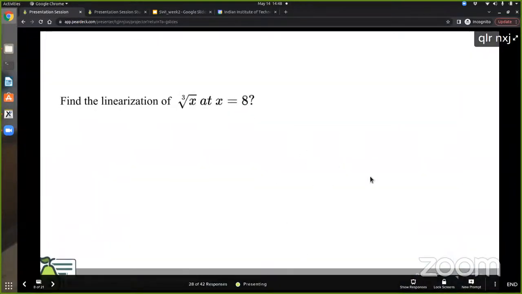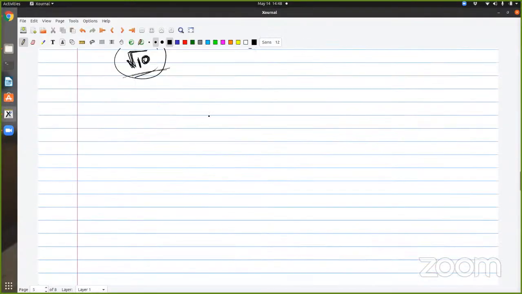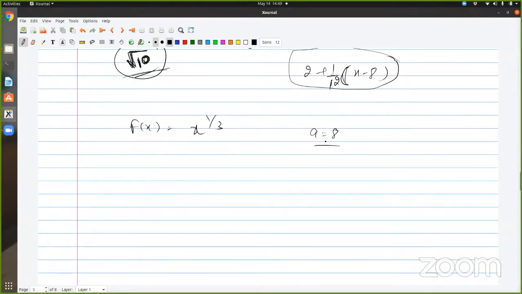Okay, all sorts of innovative answers we're getting from you. So actually, this is the correct one: 2 plus 1 by 12 (x minus 8). You would have written it in some other form probably, so all of them are correct. So f of x here is cube root of x, which is x to the 1 by 3, and a is given to be 8.